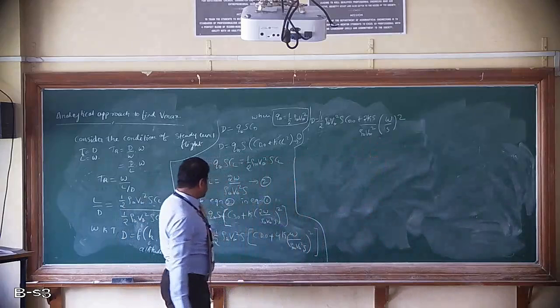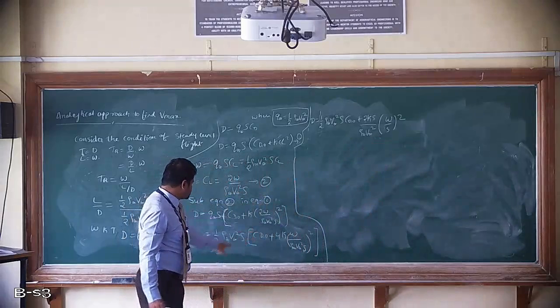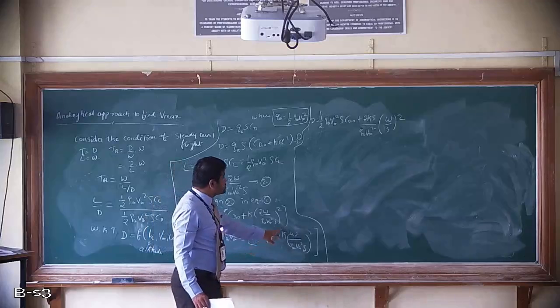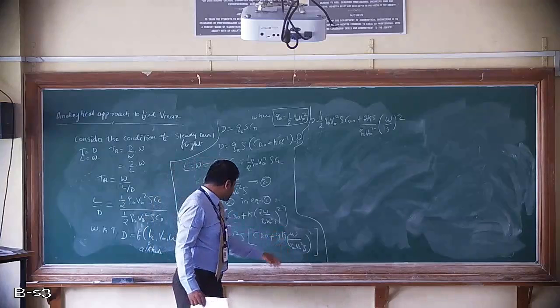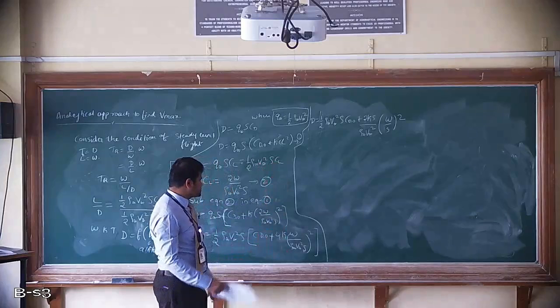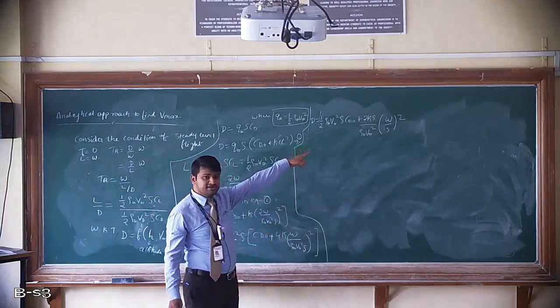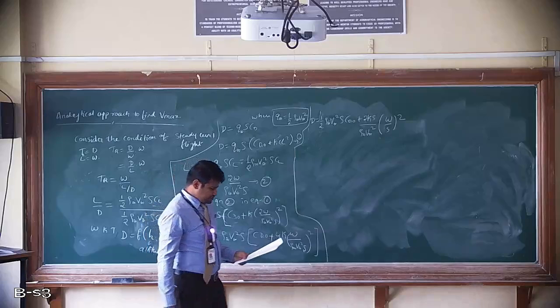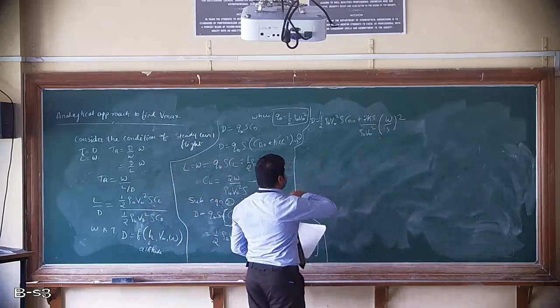I think that is correct. The 2 ones are 2, the 2 twos are 2, K is there as it is, and then the rest of the things will come. Do the simplification, and definitely you will get that. So this is the drag equation.